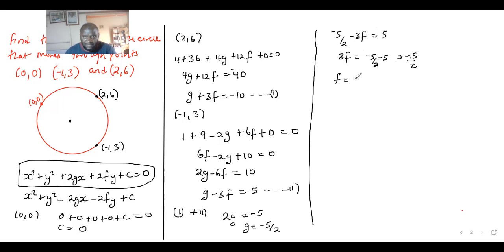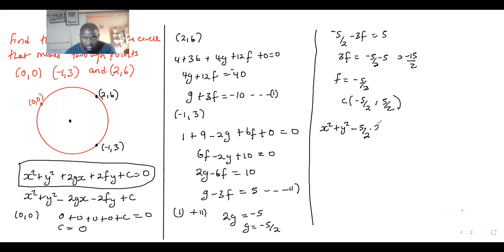So f will give us negative 5 over 2. So the center is at negative 5 over 2 and negative 5 over 2.